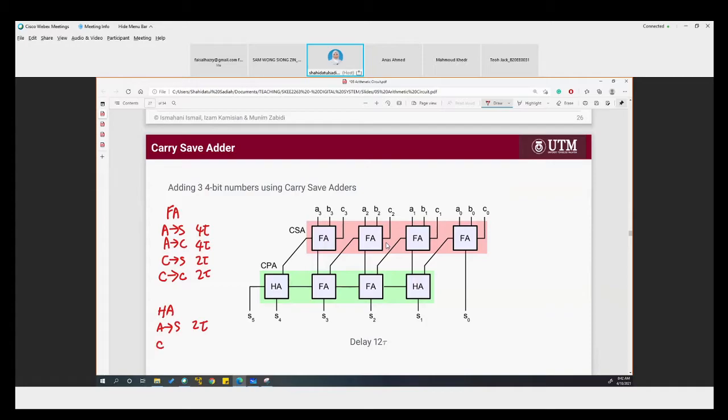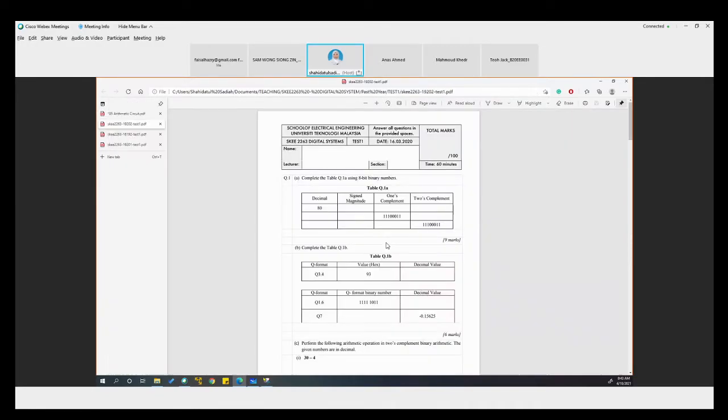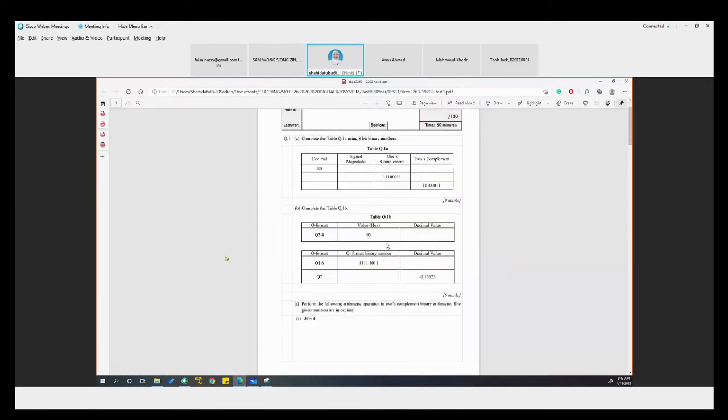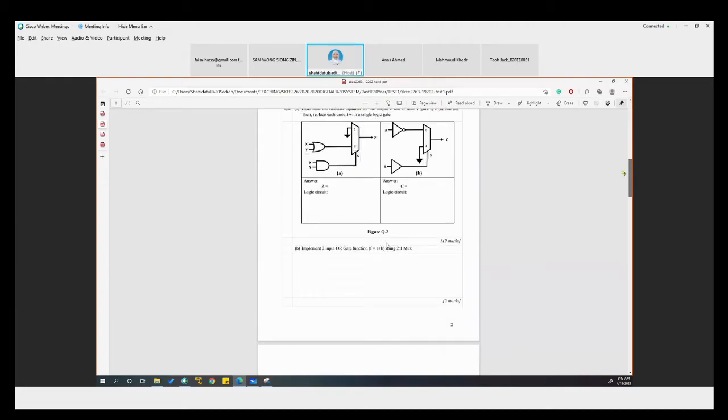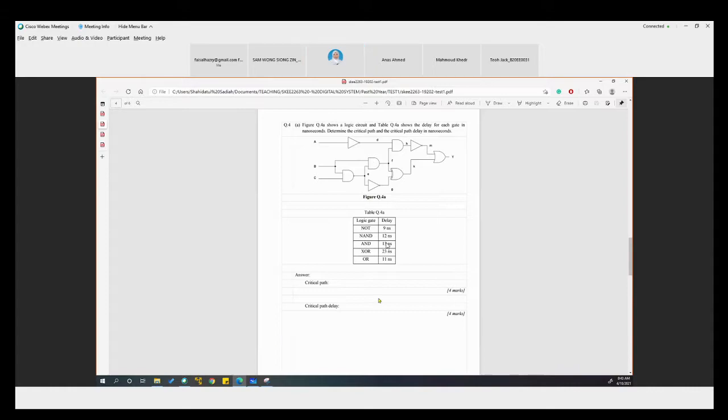And then C to S. Sorry, wrong, my bad. Erase that from your memory. It's A to C. Remember this, then you can do this. Same goes as this one.